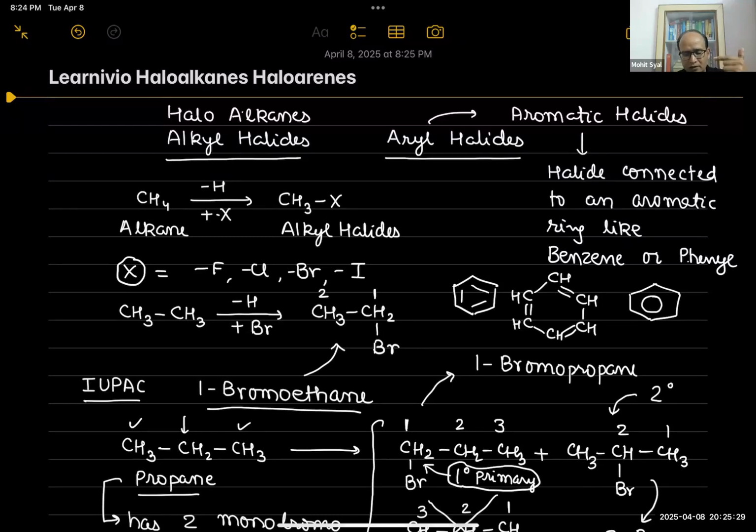So instead of drawing individual double bonds, I just make a circle to represent that they are moving, and that is called resonance. So you can see either this detailed structure with all carbon and hydrogen shown, or this kind of structure.